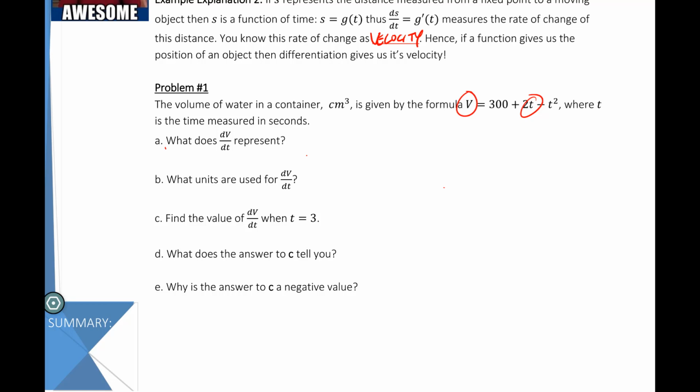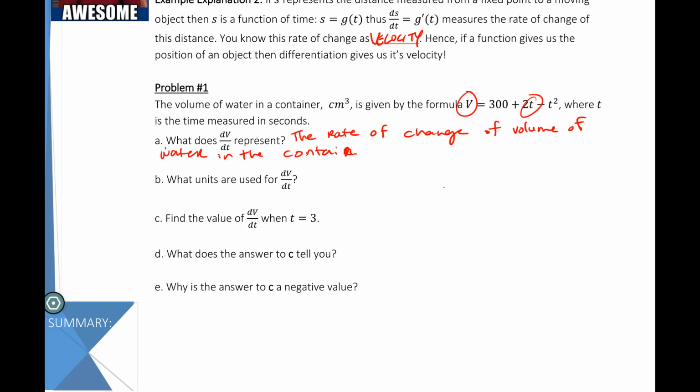Well, we know that dV over dt is the rate of change of the variable in question, which is volume in this case. So we would say it's the rate of change of volume of water in the container. Now that's still kind of obtuse language. I'm not crazy about it.